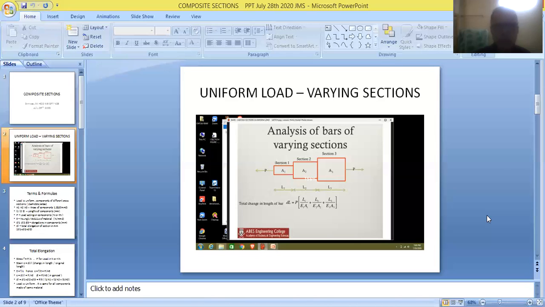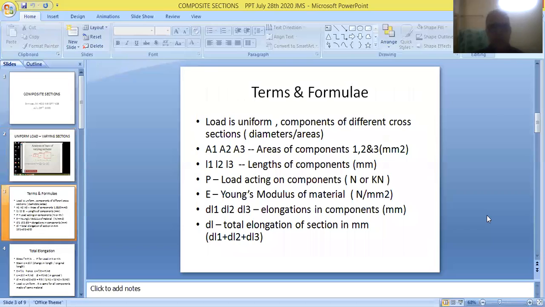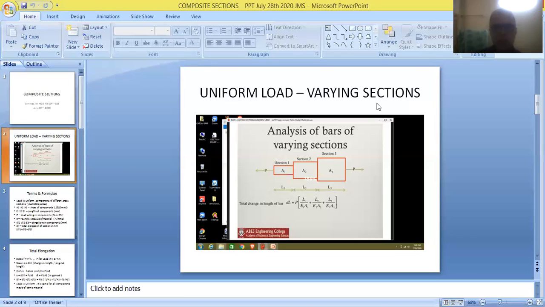So let us note down the details. Here we can see the various terms involved in these calculations. So load is uniform, as mentioned in the previous slide. You see this load is uniform and areas are changing, so it's called uniform load and varying sections.